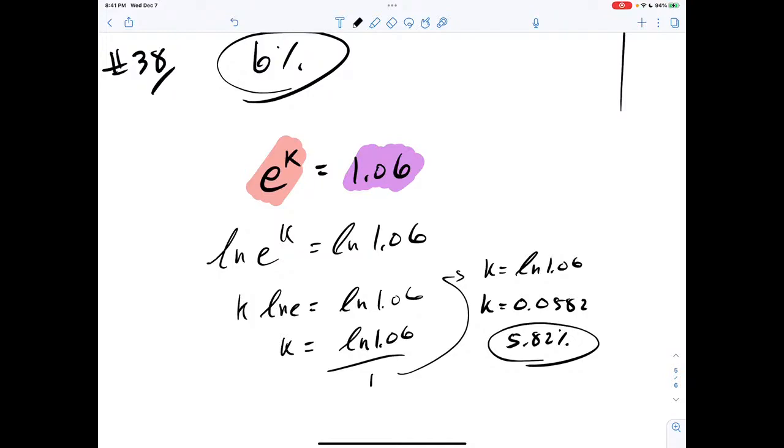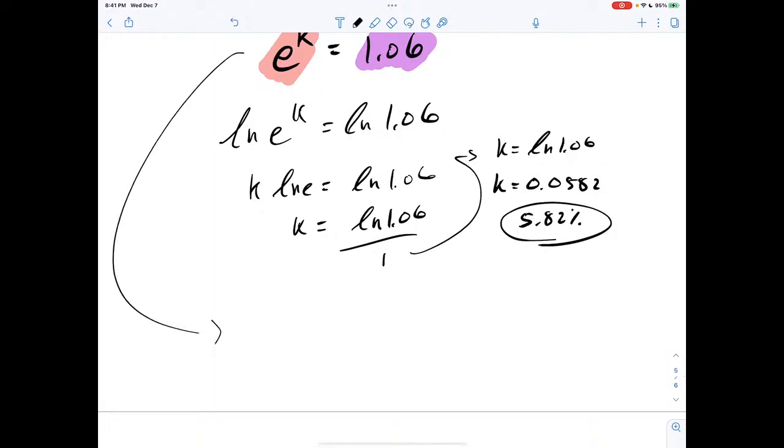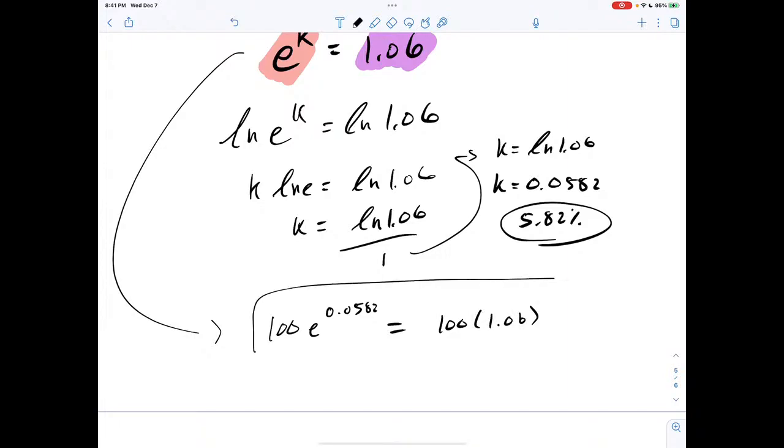And that's only 5.8% because you're computing interest continuously. So if you have $100 invested and calculate interest continuously at 0.0582, that's going to give you the exact same number as if I take $100 and compute it at 6%. These numbers yield the same output.